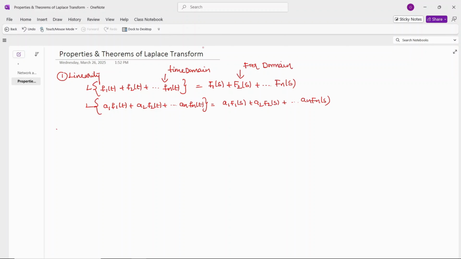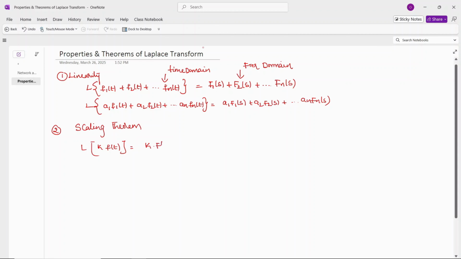The second property, or the second theorem, we are going to understand is the scaling theorem. What is the importance of this theorem? Whenever k is a scalar and a function f of t is there, when Laplace of this function is performed, you are going to get k into F of s.